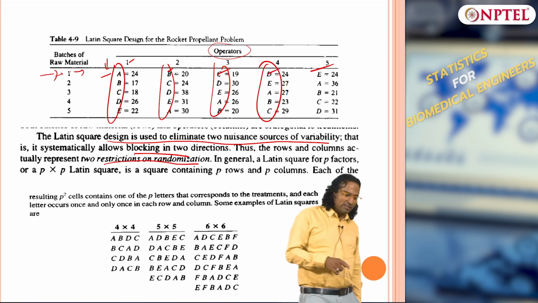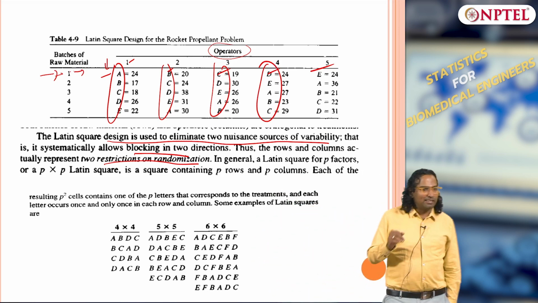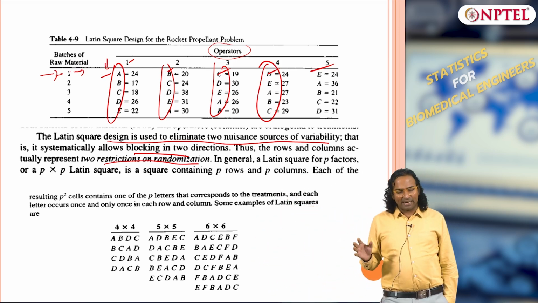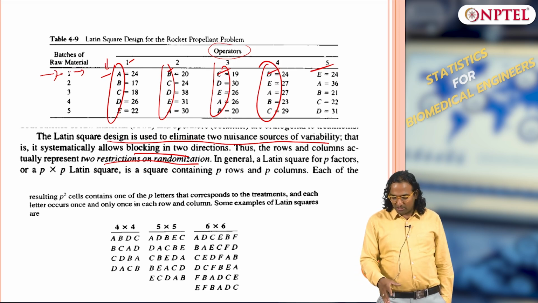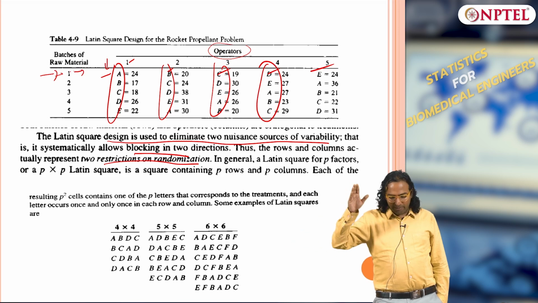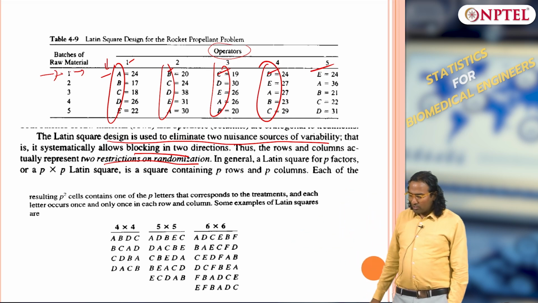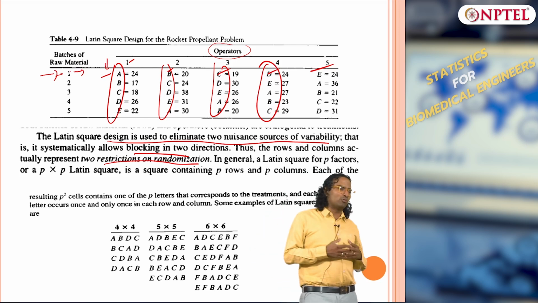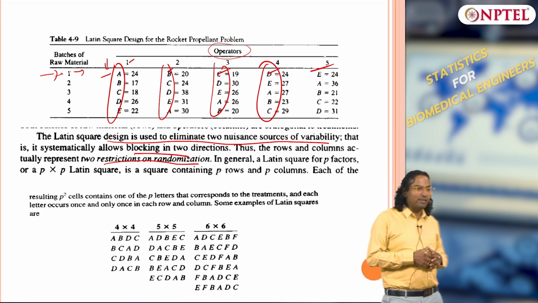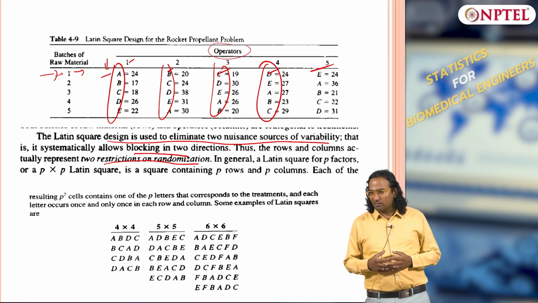What I mean is, if you look at column A, B, C, D, E, there is no repetition and there is an exact match, and there are 5 treatments and those 5 entries, there is no 6th. Same way along the row, same along the column. So this is a square design, and the square could keep increasing. You could have a 4 cross 4, 5 cross 5, 6 cross 6, etc.